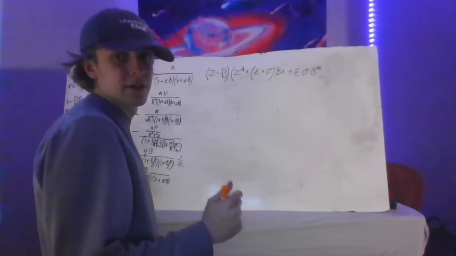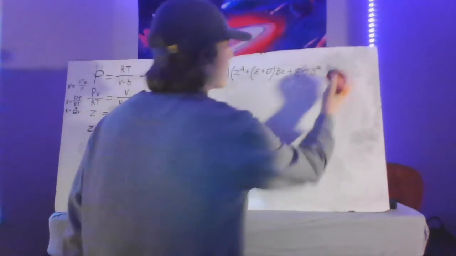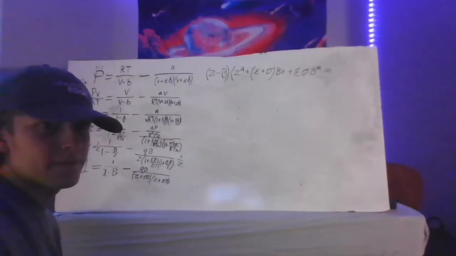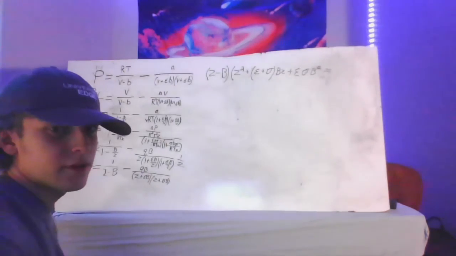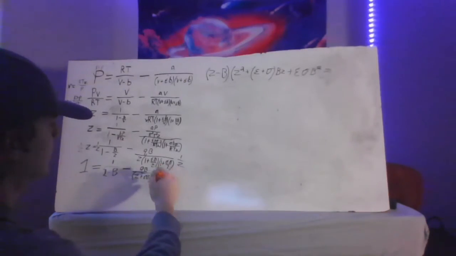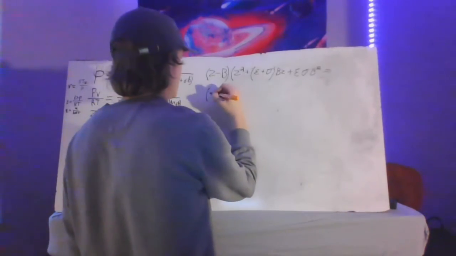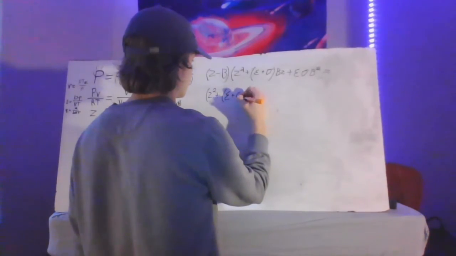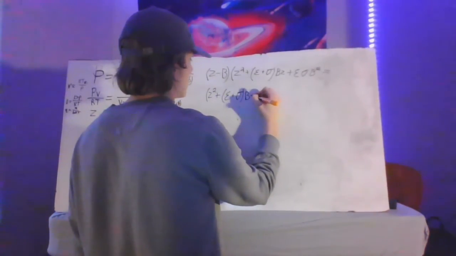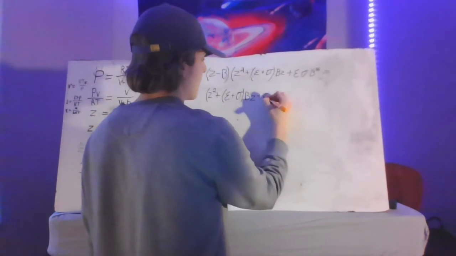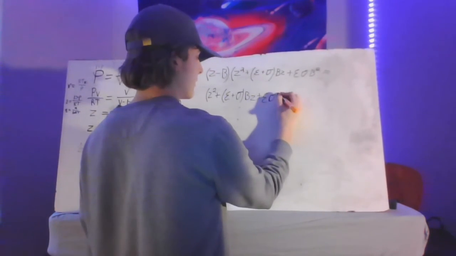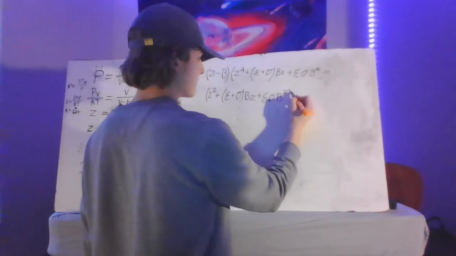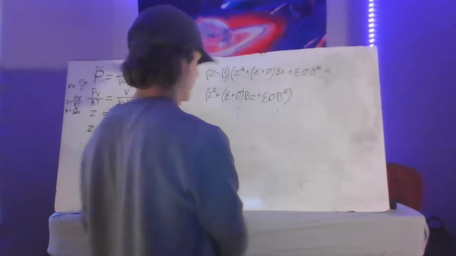So that will be the left side, and then the right side will be Z squared plus epsilon plus sigma beta Z plus epsilon sigma beta squared, that value again because of the 1 over here.